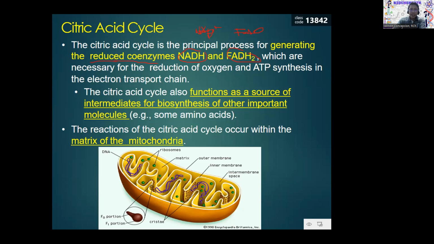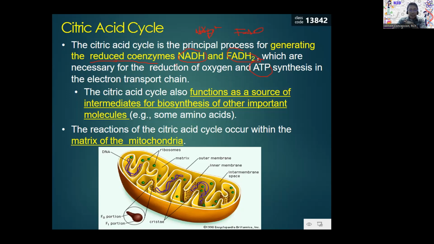So this H+, yung mga H+ na yan, and yung oxygen, if you can still recall on our topic last week, needed yan para makapag-create ka ng ATP. Okay? So, mahalaga yung mga portions na yan. Mahalaga yung citric acid cycle or the TCA cycle because its products are being used to produce ATP. So, mamaya i-detail natin yan. Okay? Kung paano na-produce yung ATP.